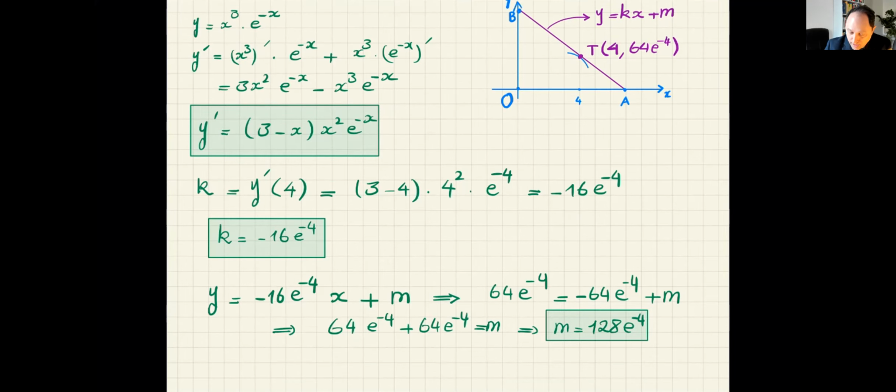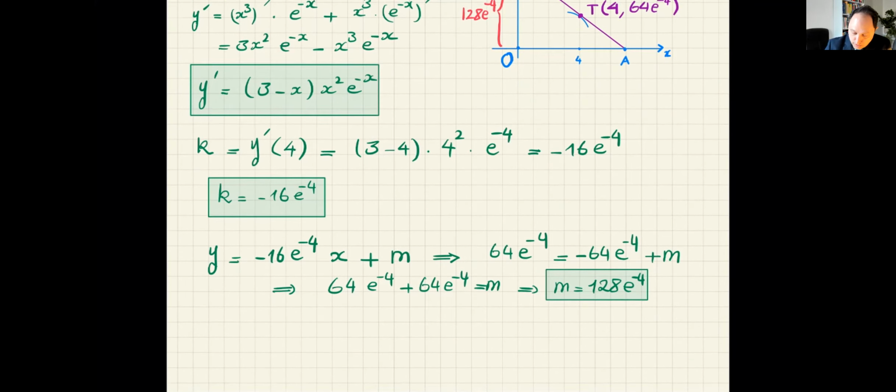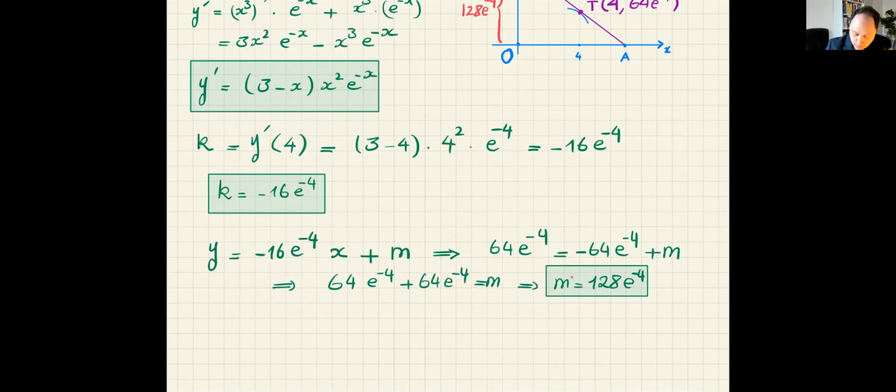And by the way, m value is the y-intercept. So if I ask you what is the height here, you can immediately now answer, because this height is actually the y-intercept. So now we realize that this is 128 e to power minus 4. But let me now plug it back into the equation. So I will take it and put it here to finalize my equation of the tangent line.